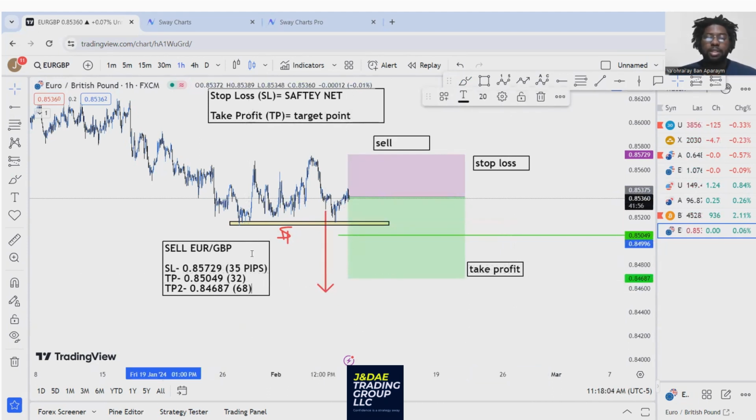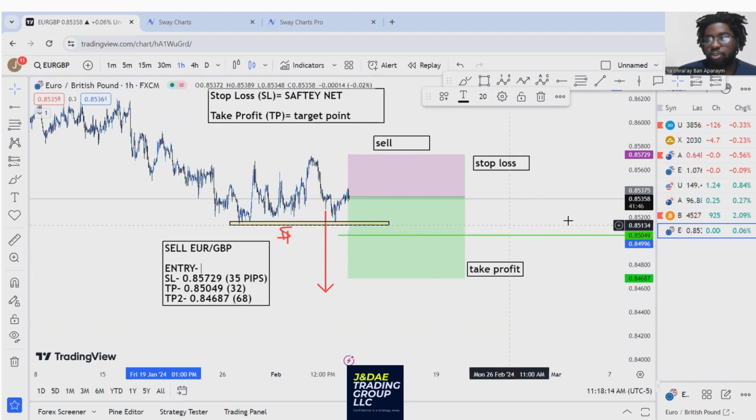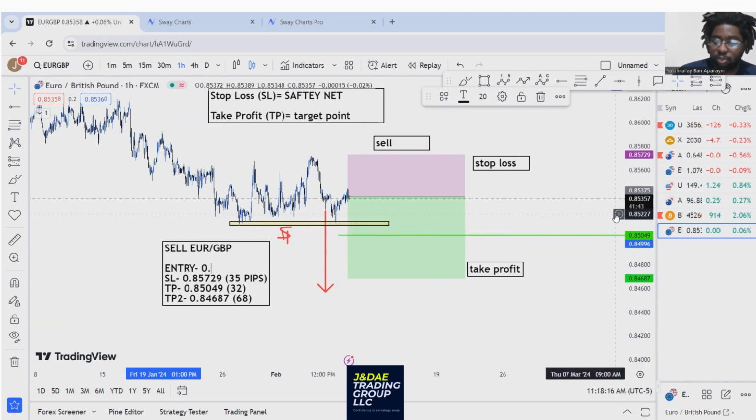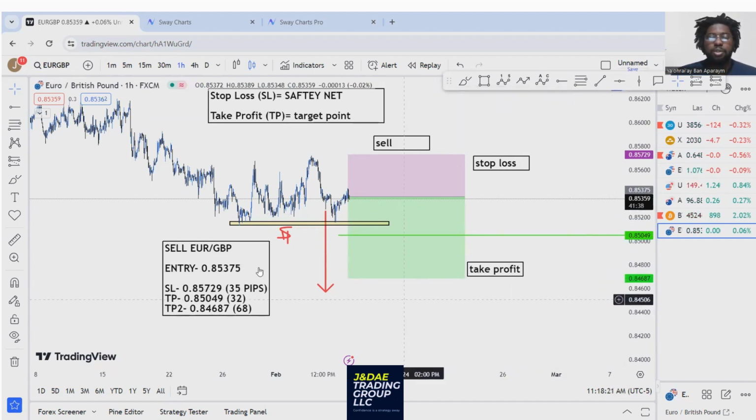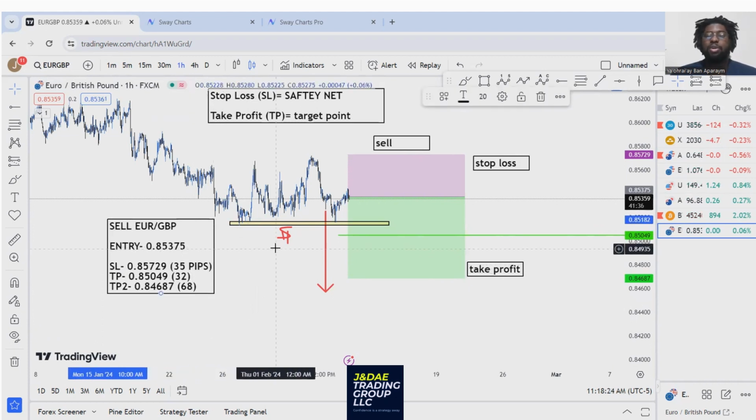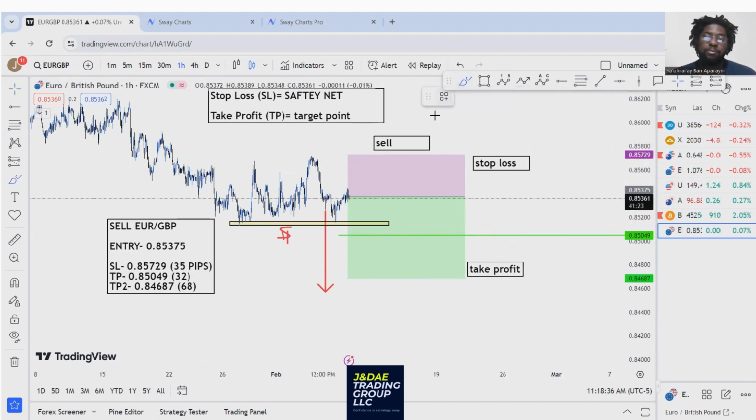So sometimes as well, I will put my entry, which will be this gray number you see over here to the right. That's 0.85375. Now, why do I put my entry? I put it there so if you see this trade, say I've sent this trade in chat, but you saw it 5 minutes later, and the trade hasn't hit stop loss or TP yet, you want to know, can I still enter the trade?